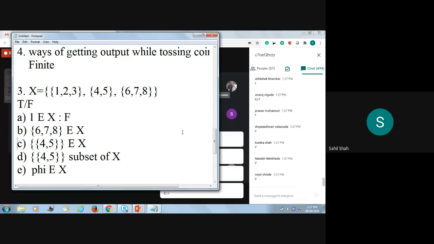First is false. Second one, 6, 7, 8 belongs to x. Second one is true.